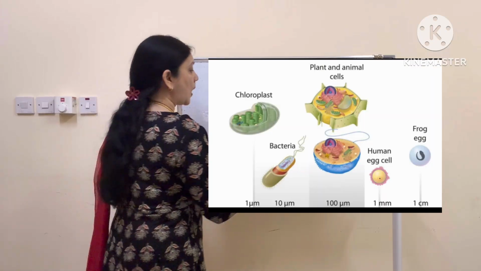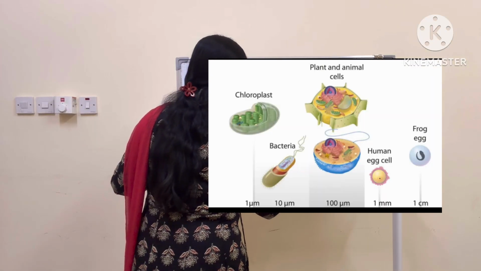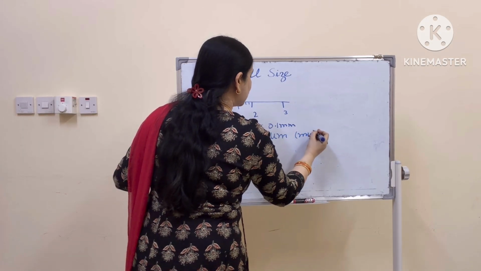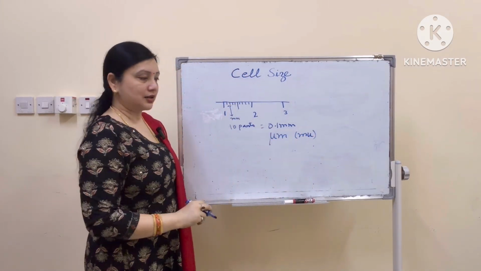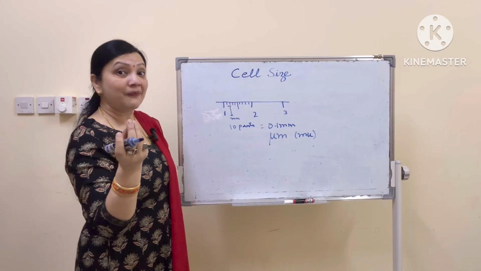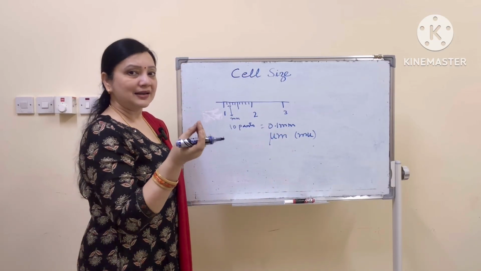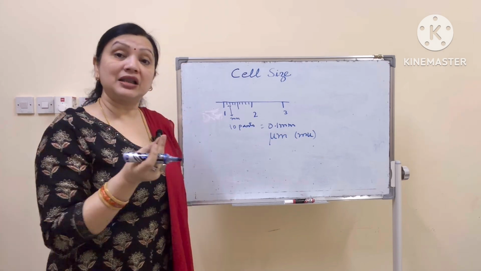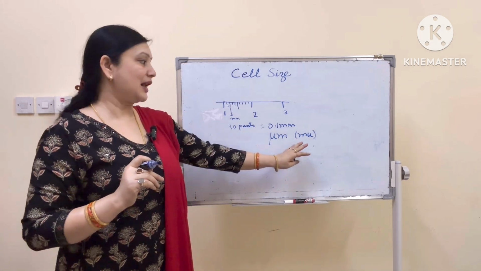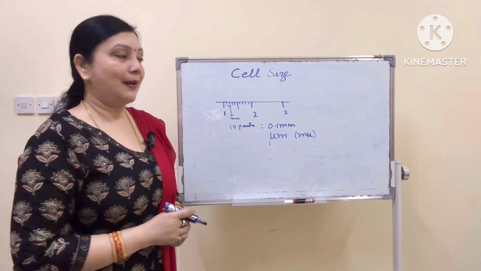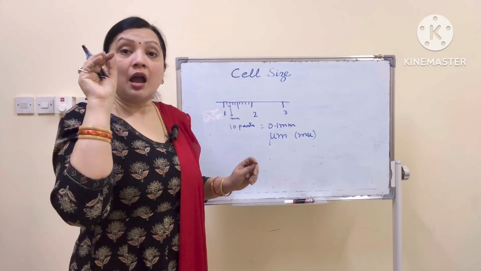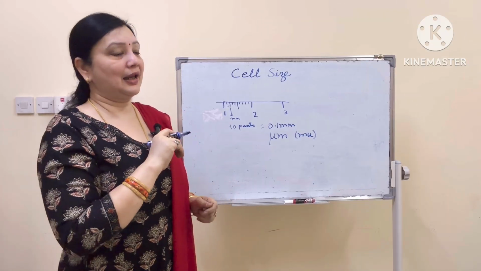They are so small that the unit is called μm. It's a U with a long end, μm. So this is the size of a small cell, and there are some cells even smaller than this. So the size of the cell is measured in μm. Can you now just imagine in your mind how tiny the cell can be?